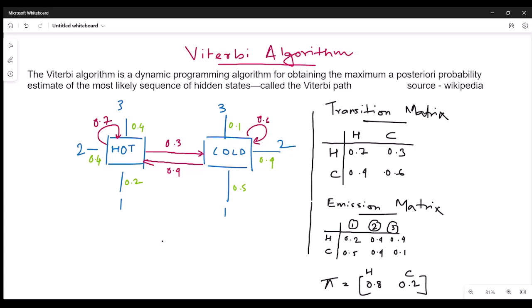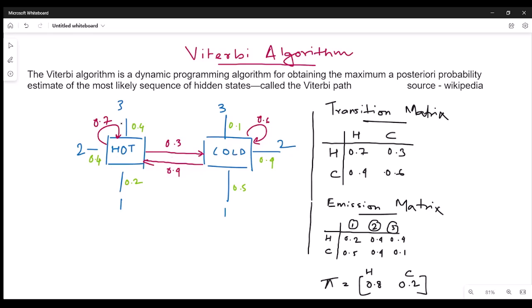Before going deep into the Viterbi algorithm, let us recap what the hidden Markov model speaks about. The diagram represented over here has two blocks, hot and cold. These hot and cold are the two weather conditions.